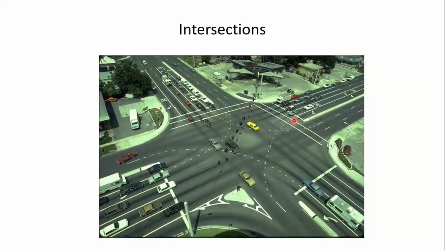There's no refuge area in the median, so it's really a long trek for a pedestrian to cross that street, especially if you're moving slowly due to your age or a disability. It may not be possible to cross that street before the walk sign disappears. But also notice there's probably traffic in motion pretty much at all times.